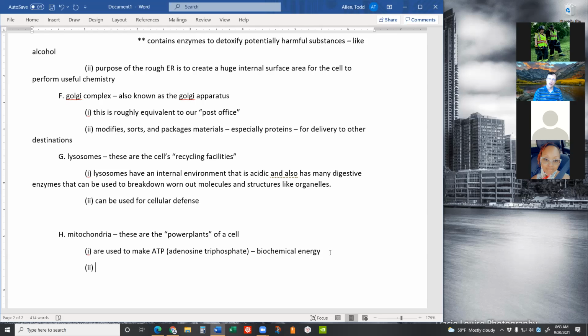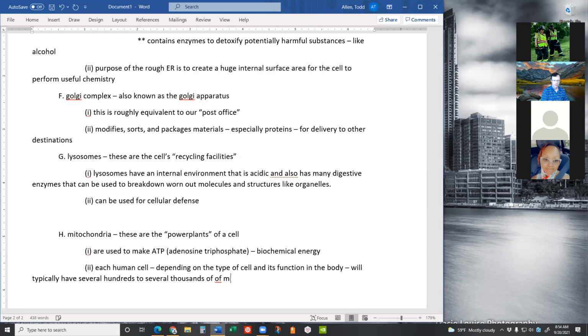Again, it varies depending on the kind of cell we're talking about, but the proper scale or magnitude to think about for mitochondria is that a typical human cell will have several hundreds to several thousands of mitochondria, depending on the type of cell and its function in the body.